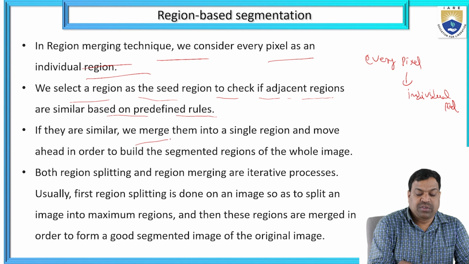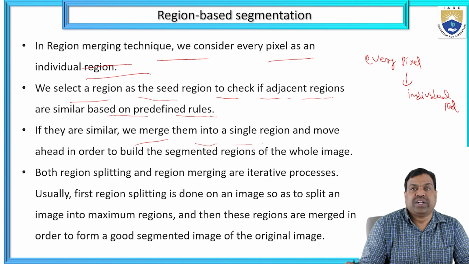When they are similar, we merge them into a single region and move ahead in order to build the segmented regions of the whole image. Both region splitting and region merging are iterative processes. Usually region splitting is done first on the image to split it into maximum regions, and then the regions are merged in order to form a good segmented image.